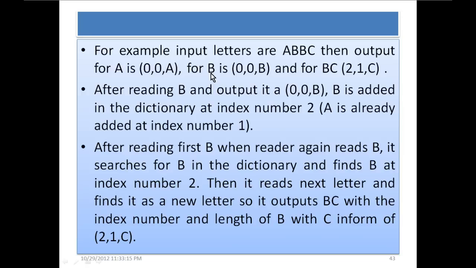So in total it outputs 2 comma 1 comma C. So this 2 comma 1 simply replaces this B by defining its location and its length in the dictionary, which is already existing, and then at the same time this BC is added into the dictionary as well.